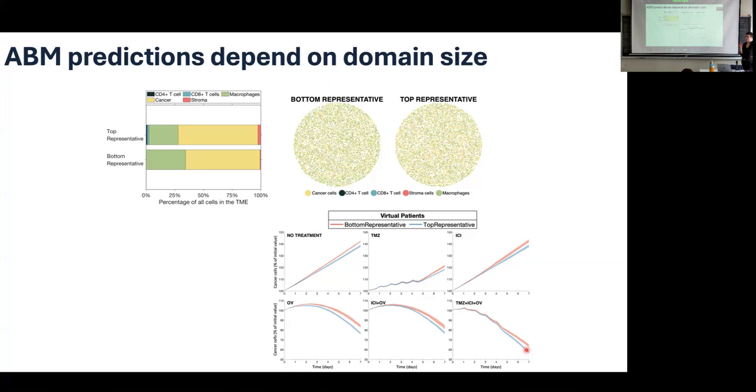Because of diffusion and how much space is being taken up by the cells, if you don't have that many cells, everything's going to look like it has some sort of effect, because the spatial elements determine the efficacy of the immune interactions. If there's not the correct density, then you're going to have some issues.